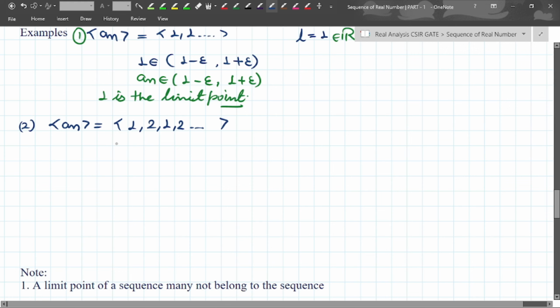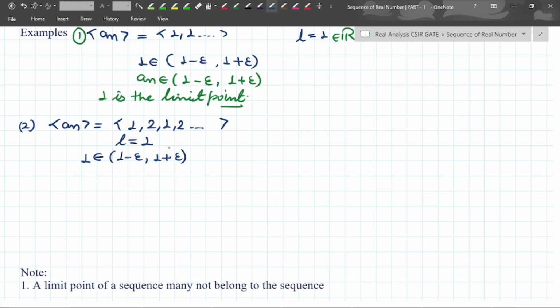If I take L equals 1, then it is 1 minus epsilon, 1 plus epsilon. So 1 is contained in this, but 2 is not contained in this. But I can't say 2 is not contained in this. If epsilon is very small, then I can say, but right now I can't make any statement.